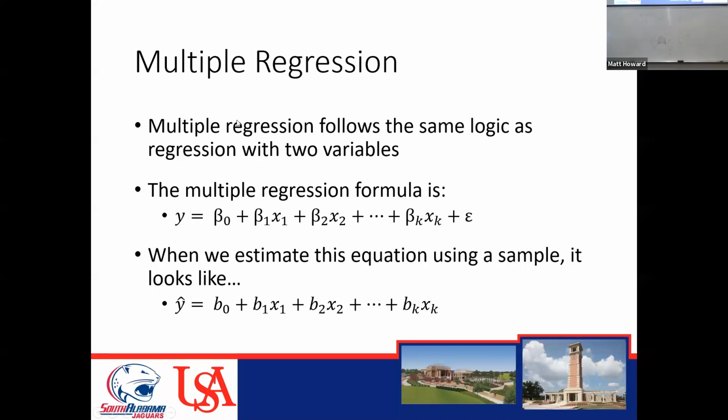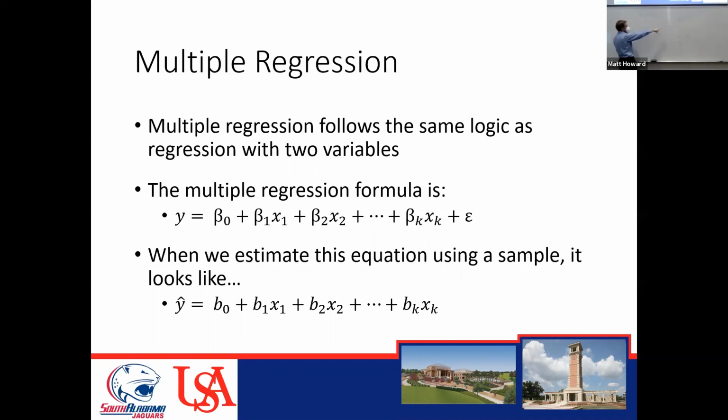So multiple regression follows the same logic as regression with two variables. It's pretty much the same formula, but simply expanded to account for these other predictors or variables. We had the formula before, y hat equals beta naught plus beta 1 x1. When we're doing multiple regression, we just add additional betas and x's to represent how many variables we're looking at.